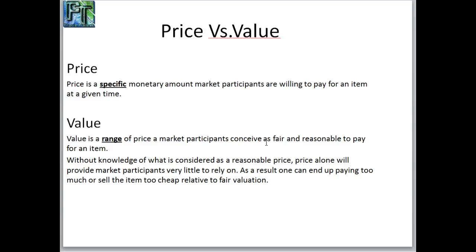Without knowledge of what is considered a reasonable price, price alone will provide market participants very little to rely on.